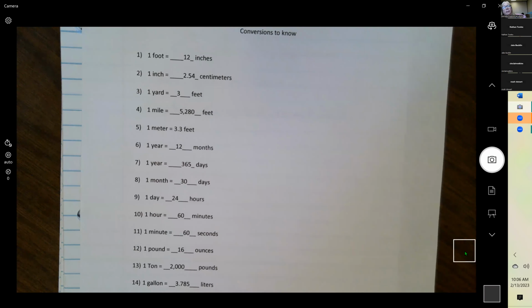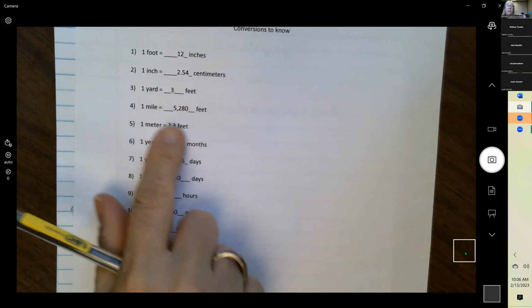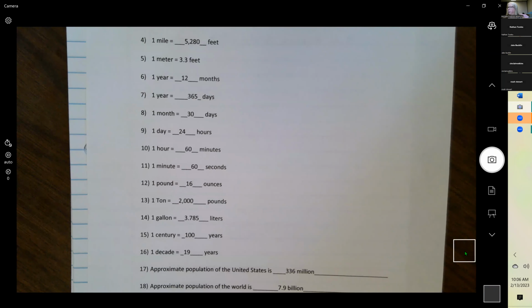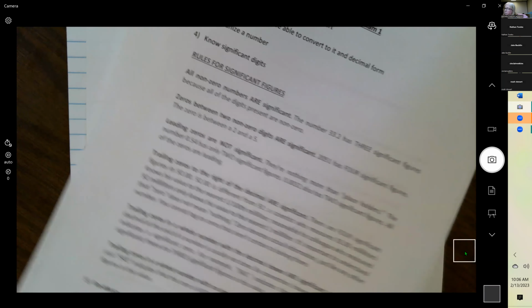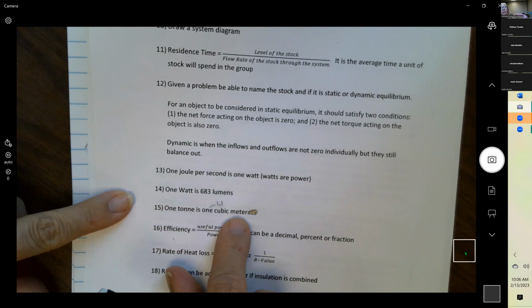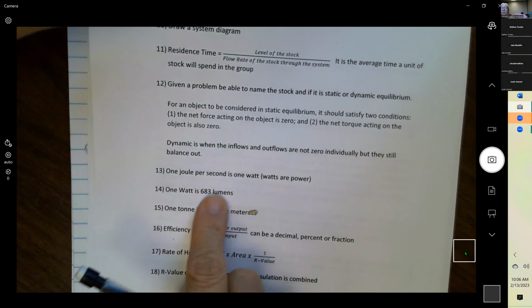These we've talked about, and these sheets, you can print them and have them with you during the test. So these conversions, you can have them with you. And the ones that weren't on there that I added: 1 watt is 683 lumens. 1 tonne is 1 cubic meter. 1 joule. I had this open when I was doing the test.